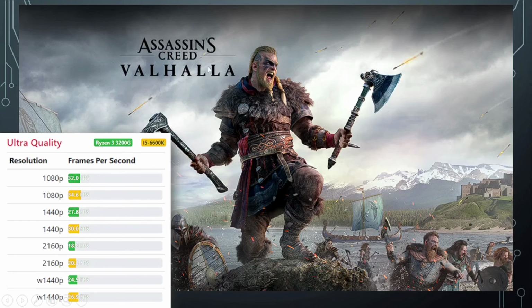And our next game is Assassin's Creed Valhalla. Still with ultra quality graphics, the Ryzen 3 has lower FPS in all the resolutions, from 1080p up to 1440p.